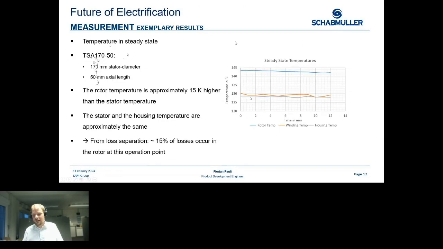In steady state, we can see that the rotor temperature is more or less constantly about 15 K higher than the stator temperature, even though only 15% of the losses accrue in the rotor at this operating point.